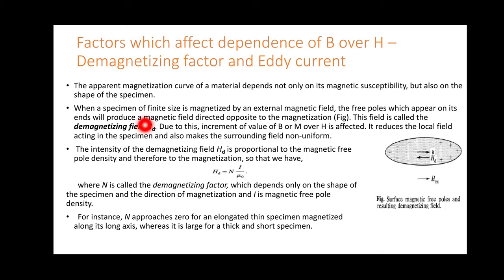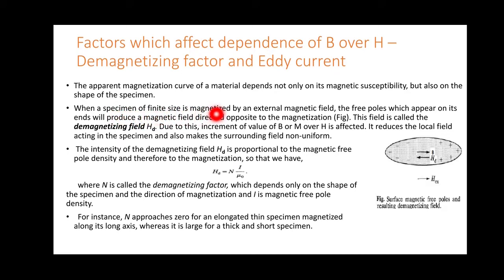As in the Biot-Savart law, we use an infinitesimal current element which does not exist, but we use it. So here I will use the magnetic pole to explain the demagnetizing factor in an easy manner, although it is not wrong to explain it in another way.